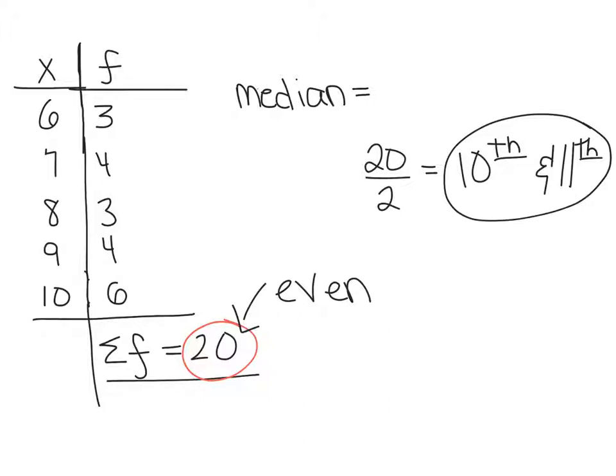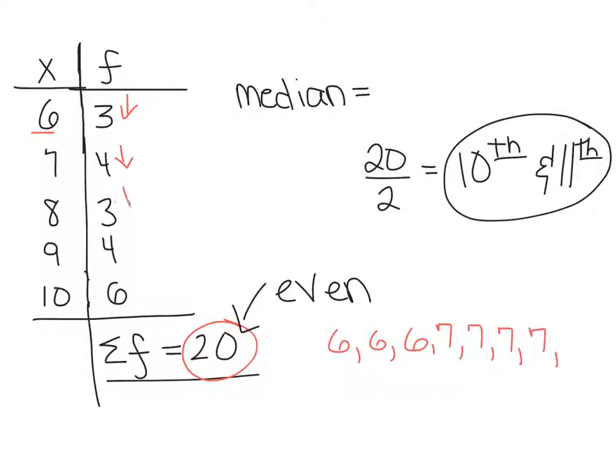Now, if we look at the frequencies, we can see that the first three numbers in the data set are 6. So my data set starts out as 6, 6, 6, and then it switches to four 7s: 7, 7, 7, 7.